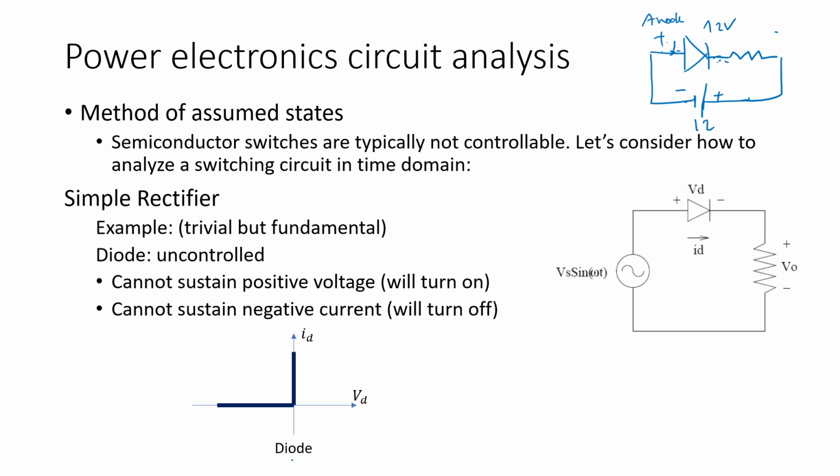So when you assume the state, whether it's on or off, and you calculate, because you have just a normal circuit, you use Kirchhoff voltage law and Kirchhoff current law, calculate, and then you get the current or voltage at the diode, and you construct the curve. If the curve is here or here, then you violate the condition, it means your assumption is wrong. You understand it?